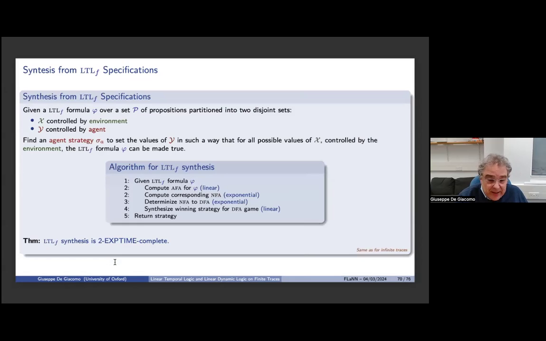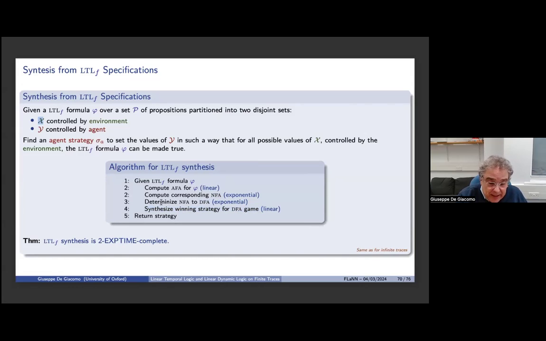How do you do this in LTLf? This is very nice. You take the formula, transform it into an alternating automaton, then a non-deterministic automaton, and then a deterministic automaton. Now you consider this deterministic automaton as an arena. On the edges of the automaton, remember, there are the propositions, but some of them are controlled by you, and some of them are controlled by the environment.